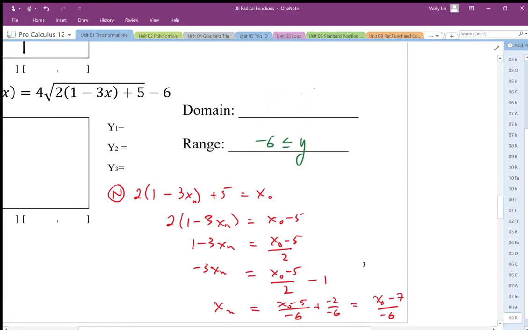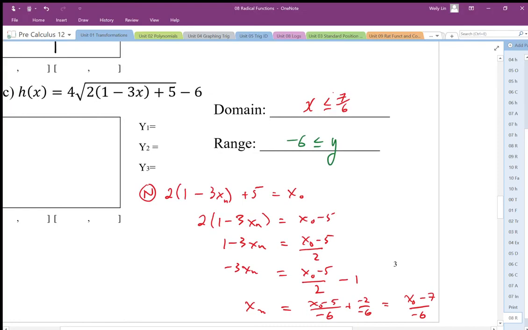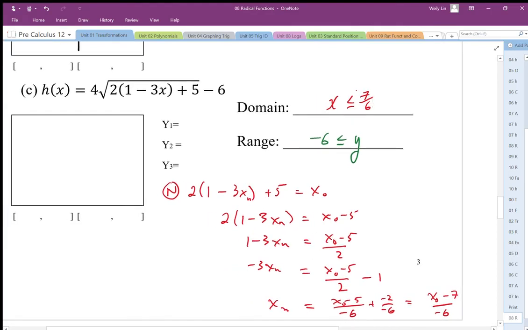So we want the left side of this. It's going to be 7 over 6, and we want the x's on that side. So when I do the coordinate, I'm going to shift to the left 7, divide by negative 6, so the vertex is going to be at positive 7 over 6.